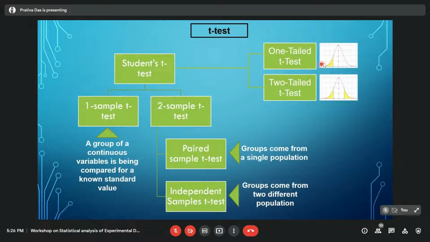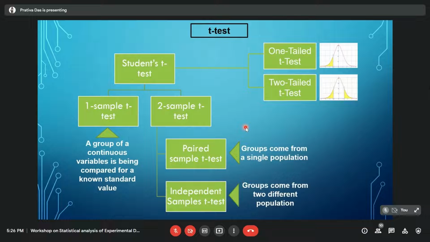Someone may be claiming that the nutrition level in this population is equal to some certain value, maybe X. So they are claiming that it has to be equal to a certain value.